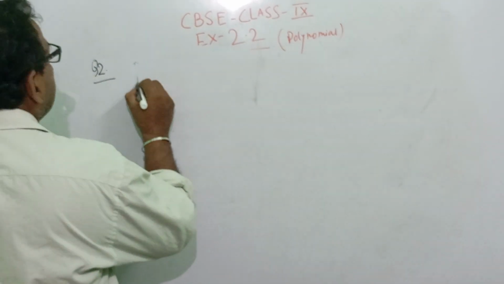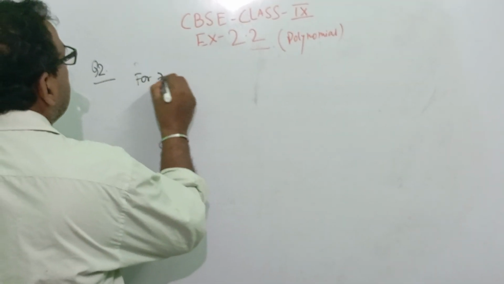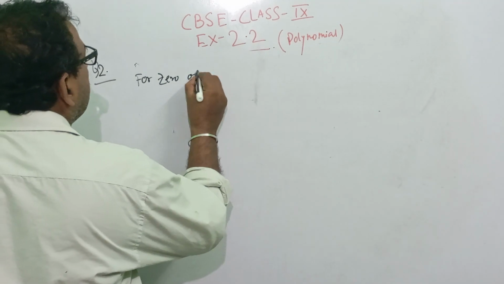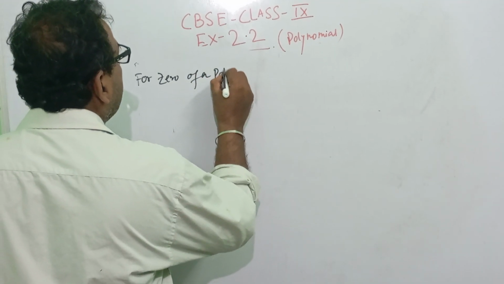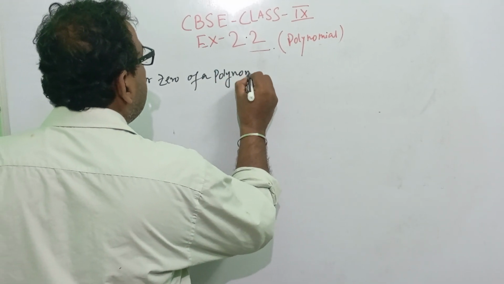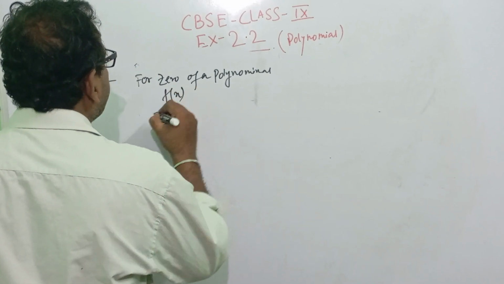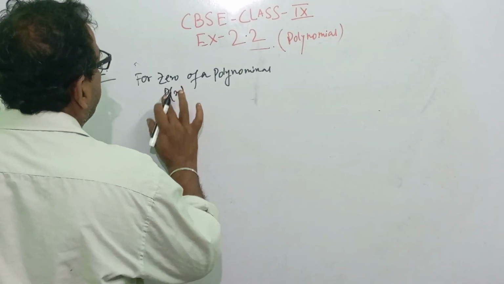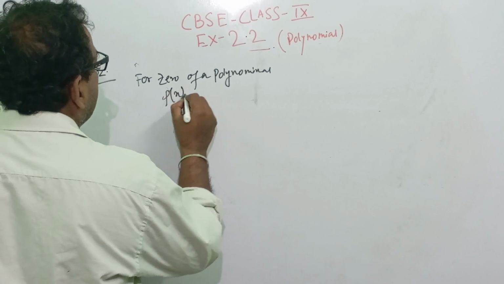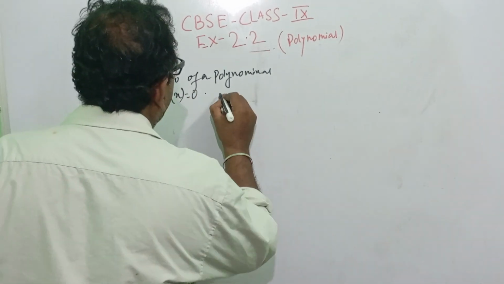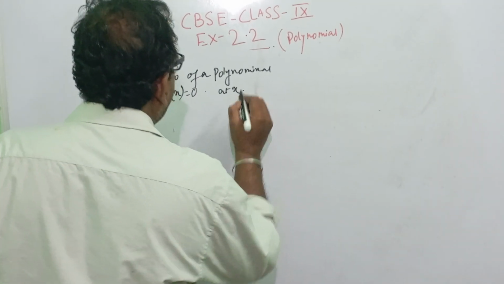Now for zero of a polynomial, fx or what is called px should be 0 at x.